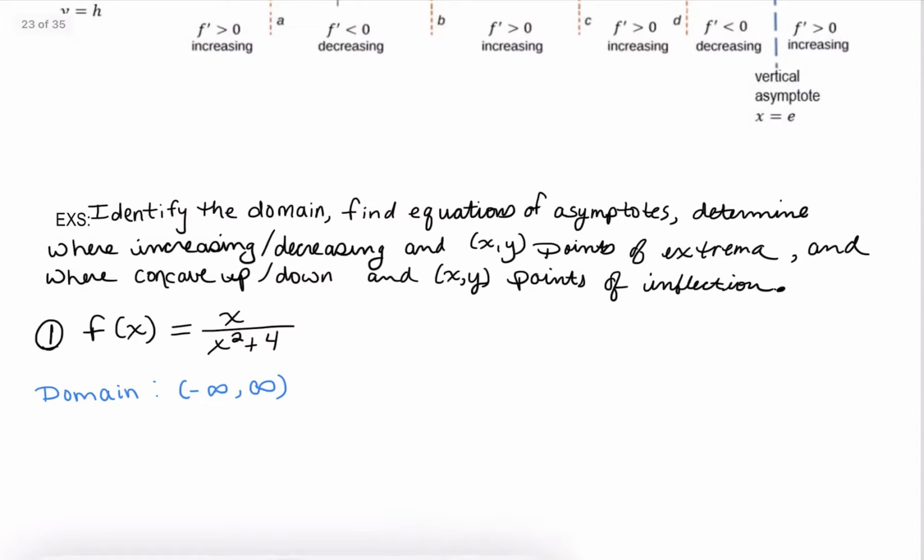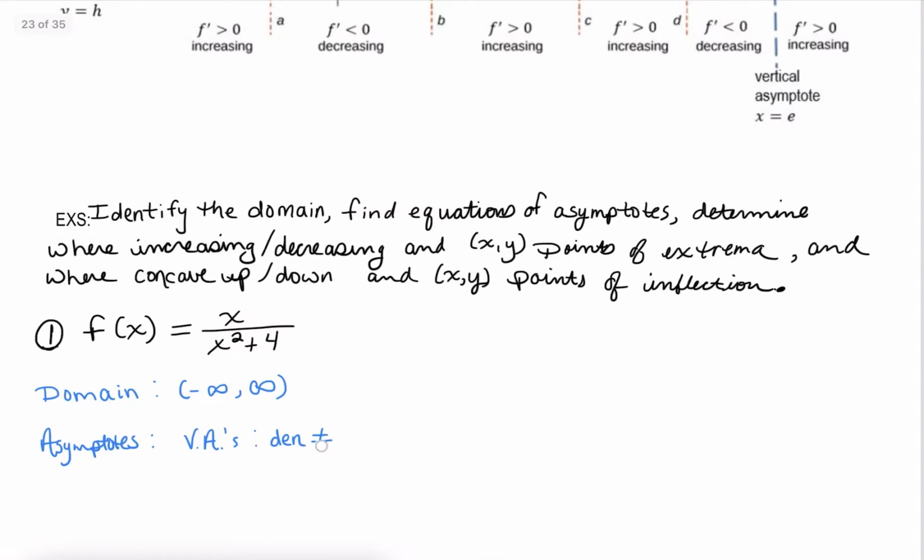Okay, let's talk about asymptotes. The first one would be any vertical asymptotes. I'm going to break it down here. Our vertical asymptotes are potentially where your denominator goes to 0 and your numerator doesn't.